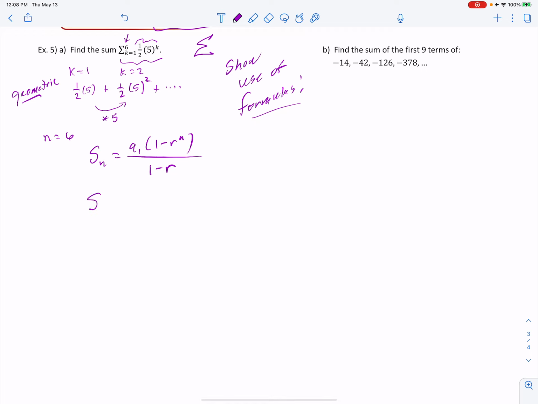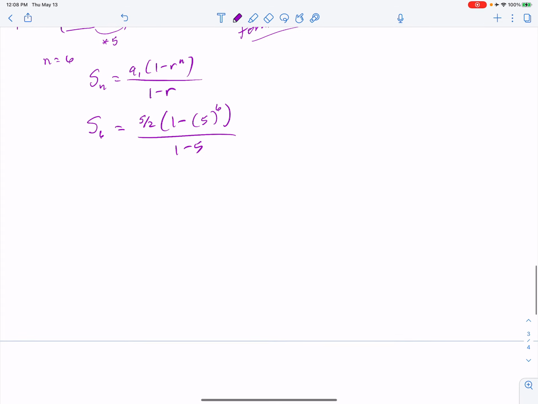So n is 6, and the first term here, when k is 1, is 5/2. And then 1 minus, the common ratio is 5. That's what you're multiplying by. And notice it's to the nth, so it's to the 6th, all over 1 minus 5. As you're simplifying, I think about those two terms.